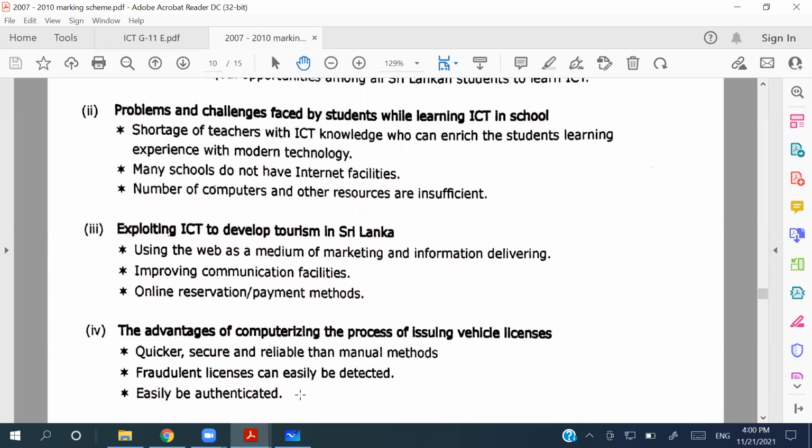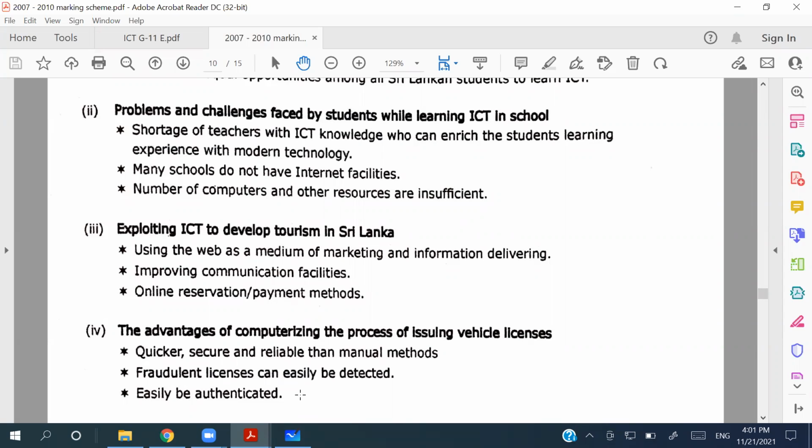And the last one says the advantage of computerizing the process of issuing vehicle licenses. Right, so it is quicker, more secure, and more reliable than the manual methods. The fraudulent license can easily be detected. Someone can walk in with an illegal document, saying this is a legal one.